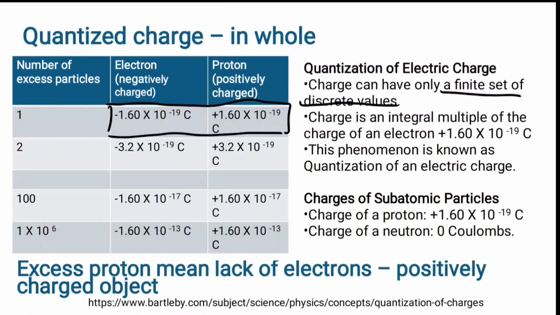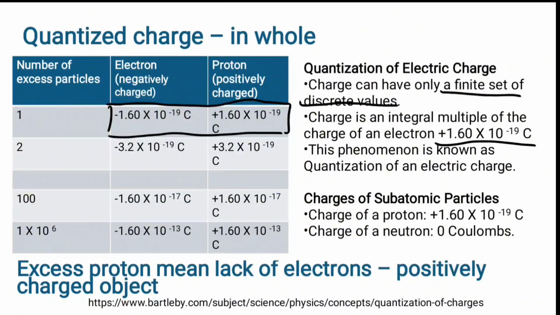It says here that the charge is an integral multiple of the charge of an electron. So, discrete values. For example, 1.60 times 10 to negative 19 coulomb times 2, then you'll get the answer, times 3, times 4, times 5, up to 100. Even up to 100, if you divide that, it should still be divisible by 1.60 times 10 raised to negative 19, and that is quantized.